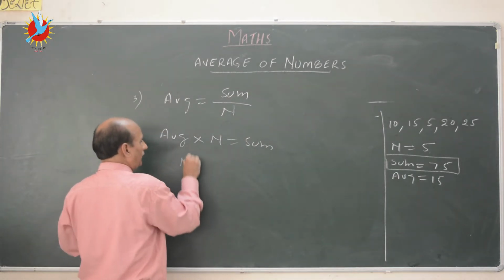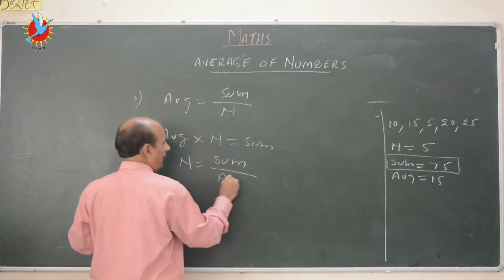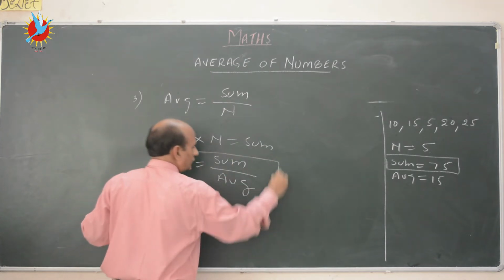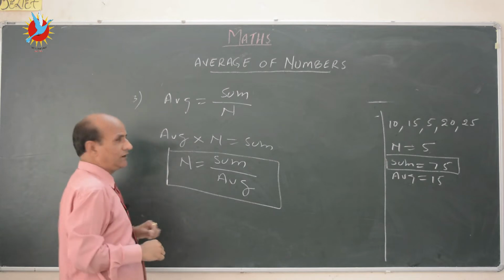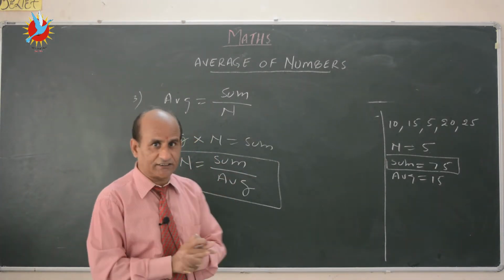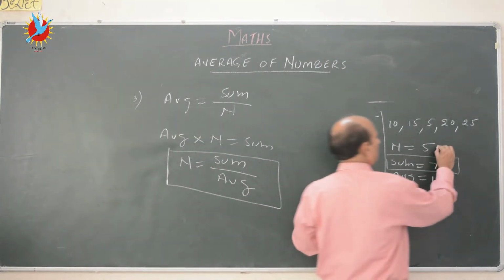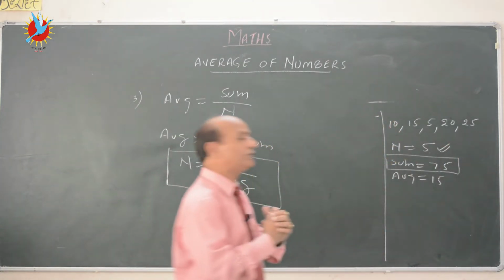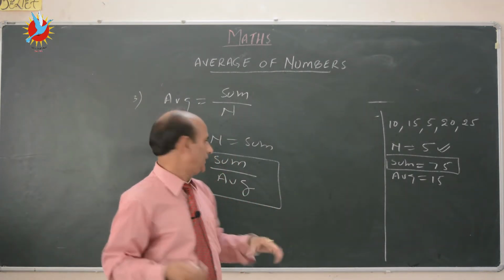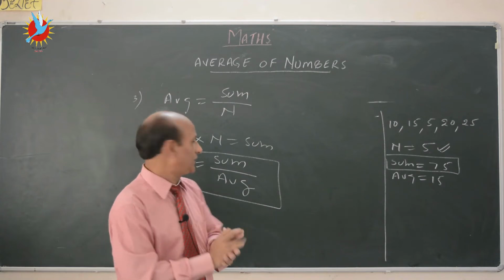So the value of n is equal to sum divided by average. So this is the formula of finding the value of n, number of sides, number of students in a class. Then let us take the same example here. Now we have to find the value of n. If it is 5, then our formula is true. If it is not 5, then somewhere we have done some mistake.